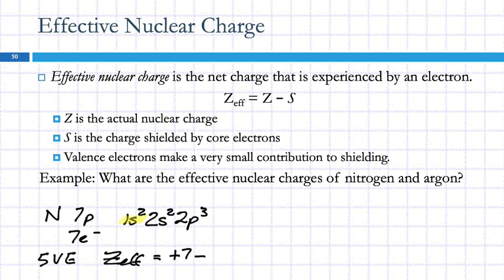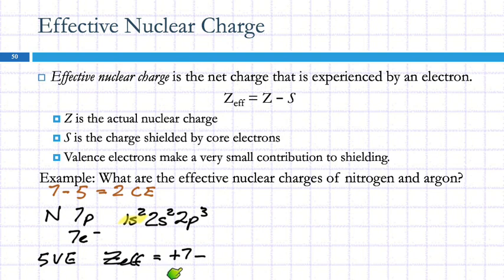You can calculate the number of core electrons by taking the number of electrons, 7, minus the valence electrons, and that gives you the core electrons. Or you can look at the electron configuration, but people don't tend to like that.